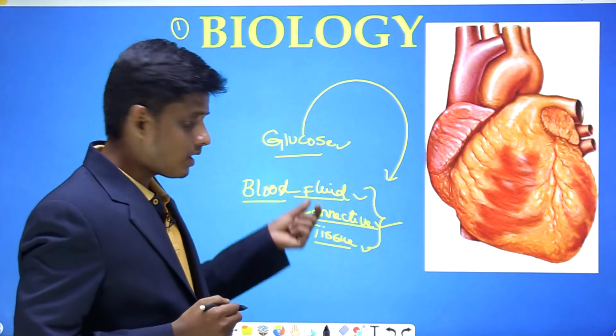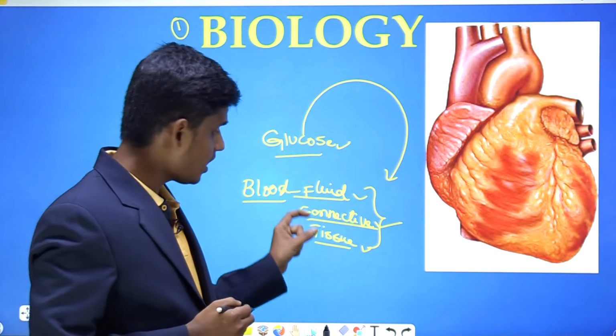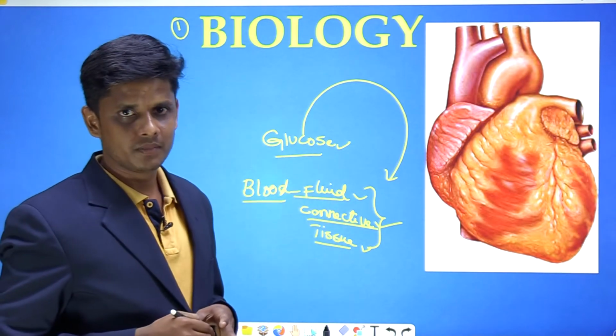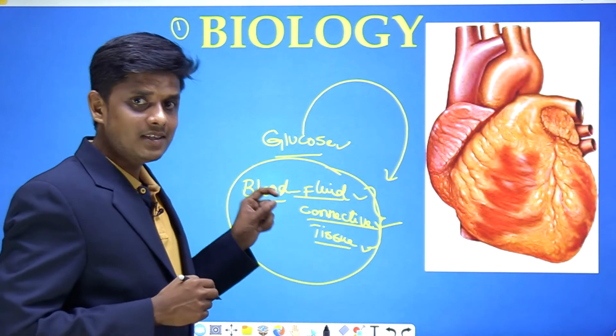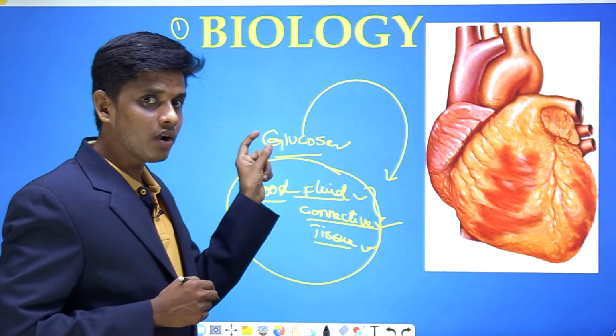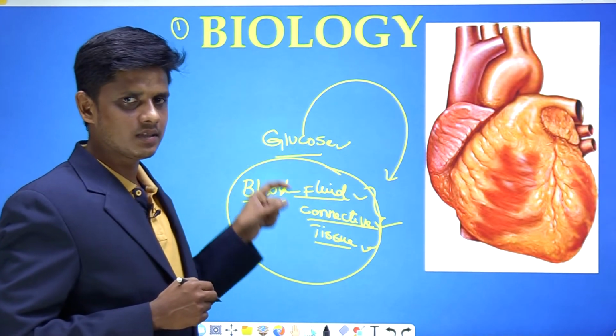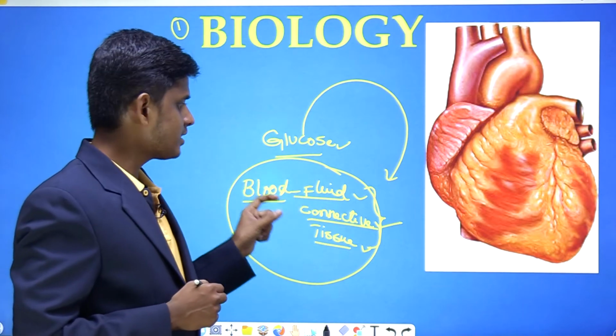That means the fluid which connects particular substances to the different tissues of the body, and hence it is called fluid connective tissue. This fluid connective tissue carries the glucose synthesized in the small intestine, carried by the presence of blood.